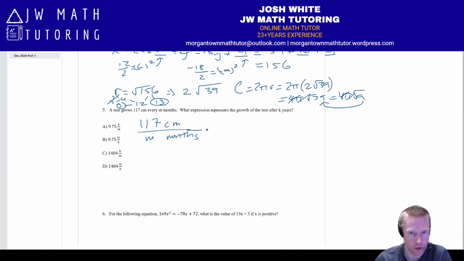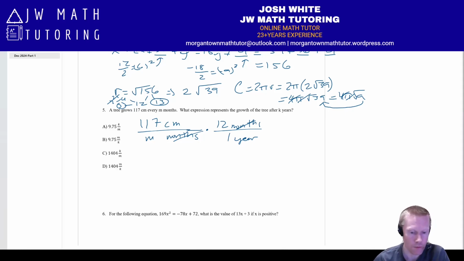I'm going to first convert months to years. So I know that there's 12 months in 1 year. So if it grows 117 centimeters in m months, it would grow 117 times 12 in m, basically in that number of years.